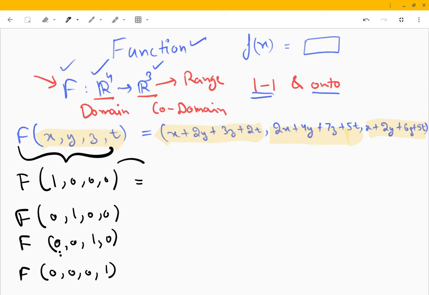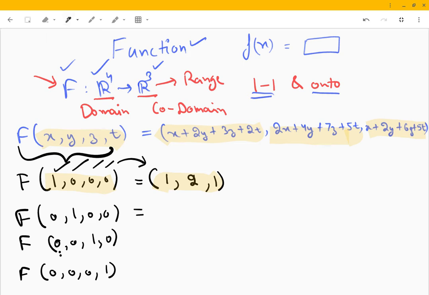So what f maps them to: just plug in the values of x, y, z, and t. X is 1, the rest is 0, so this will be 1, this will be 2, and this will be 1. So the vector 1, 0, 0, 0 in R4 is being mapped to this vector in R3.